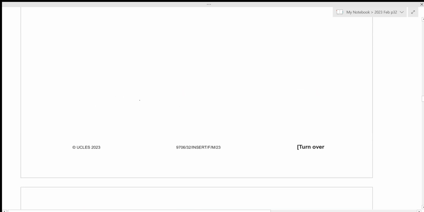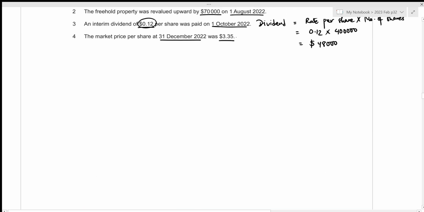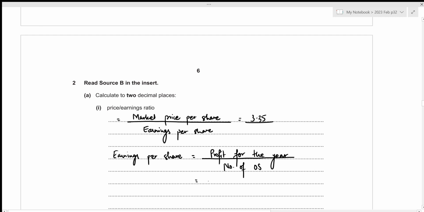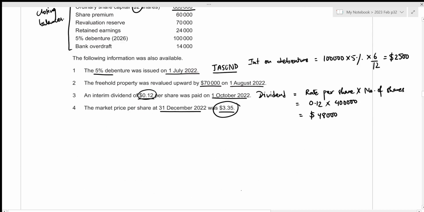We were already given the market price per share to be 3.35, but we do need to figure out the earnings per share. The formula for earnings per share is going to be the profit for the year divided by our number of ordinary shares. We already figured out the number of ordinary shares to be 400,000. Now let's figure out the profit for the year.